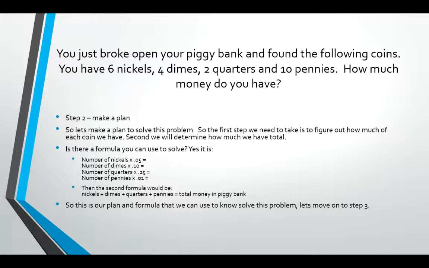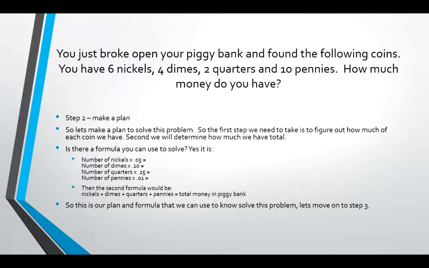You take the number of nickels and multiply that times the value of a nickel, which is 0.05. Number of dimes times 0.10. The number of quarters times 0.25. And the number of pennies times 0.01. Once you have all those, the second formula will just be to add up the total nickels, dimes, quarters, pennies, and that's going to give you the total amount of money in your piggy bank.